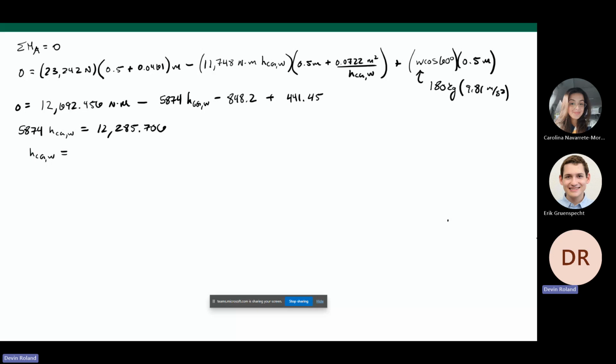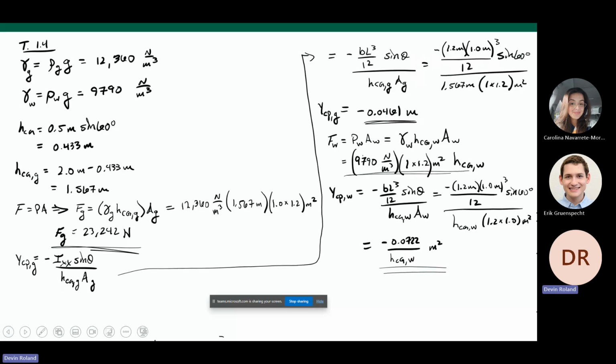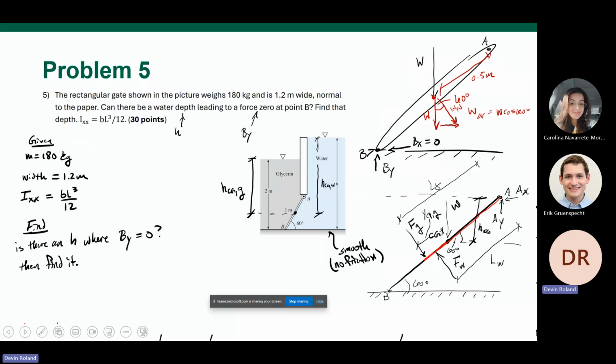And then when you divide those values, you'll get that HCGW value to be 2.09 meters. Okay. So one last step here. Like I said on the picture, that HCGW value is from the surface of the water to the center of gravity of this gate.